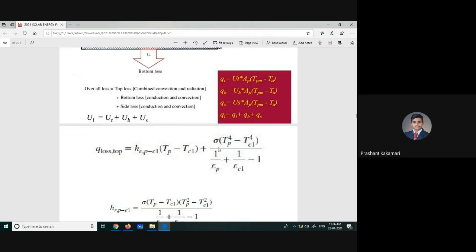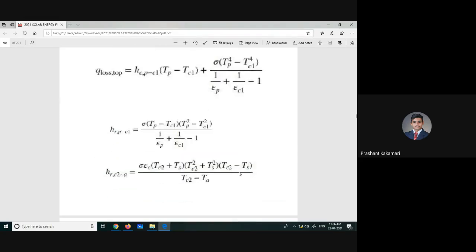Or if it is a radiation process, we can use the Stefan Boltzmann constant and temperature difference in Kelvin. For the emissivity or the radiation losses, we have to use the temperature in Kelvin between plate and collector or the glass cover, raised to 4. And these are the emissivity of the plate and collectors.